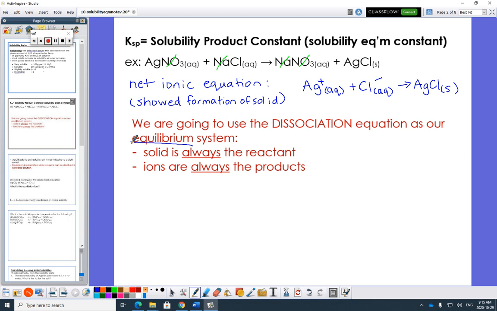So solid is always the reactant. I'll give you what the formula of the solid is, but you have to be able to split it apart into ions.